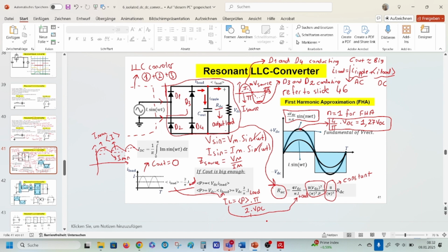What is an output load? In the real case, for example, a microprocessor. Microprocessor doesn't have a constant load model.